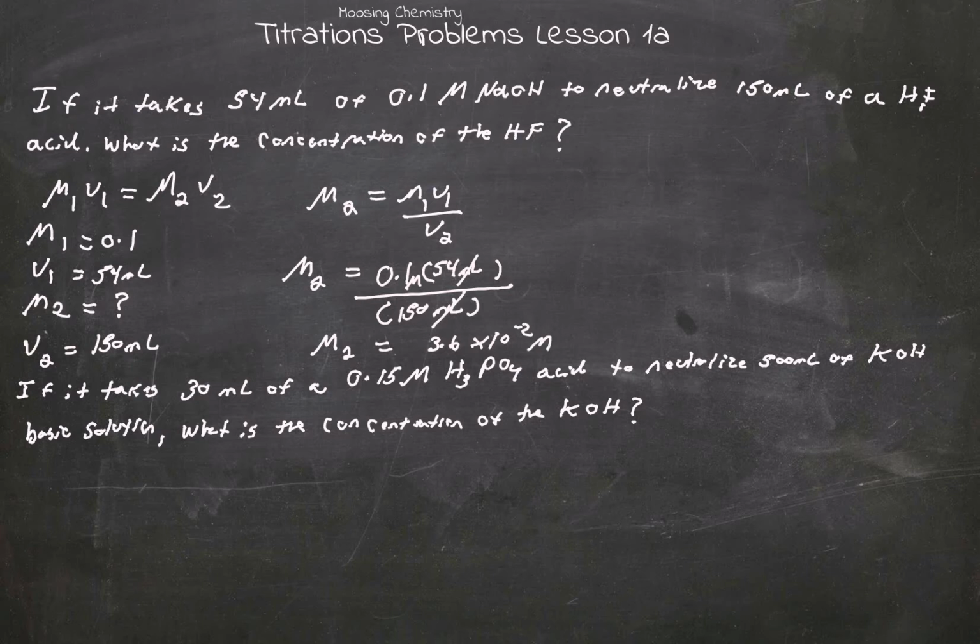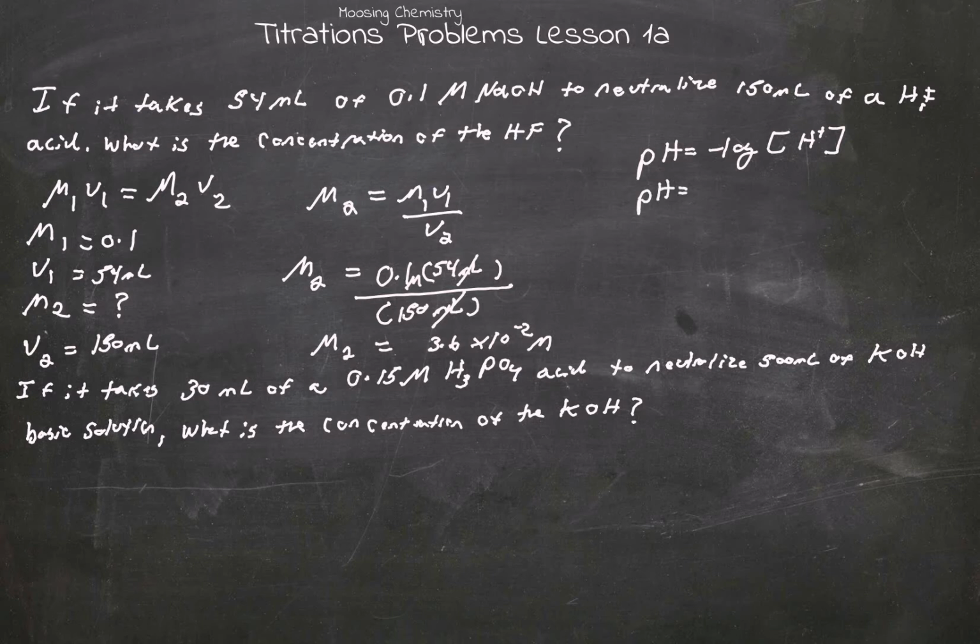We could actually take the pH and see what kind of pH this is. pH equals the negative log of our hydrogen ion, or sometimes we call it the hydronium ion.